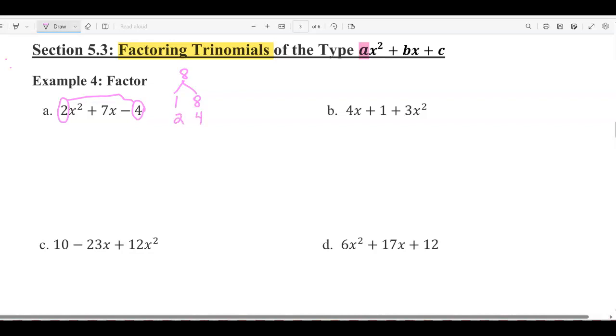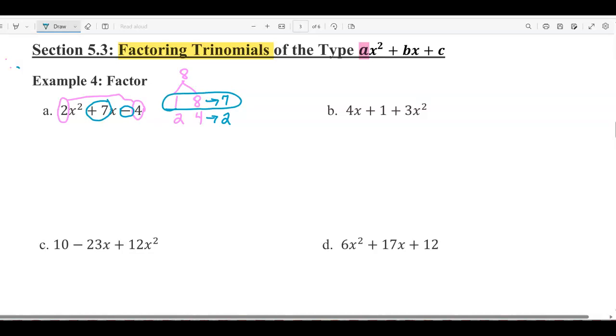We're going to follow the same guidelines that if the 4 has a negative, we're going to subtract these numbers. So the difference between 1 and 8 is 7, and the difference between 2 and 4 is 2. And I'm looking to match the 7. So I know my factors should be 1 and 8.